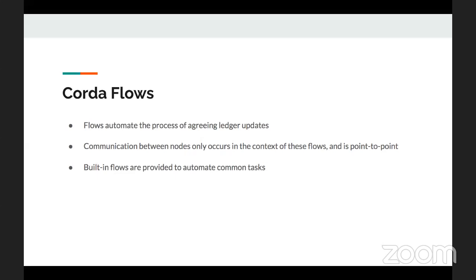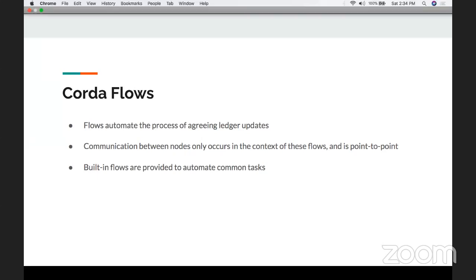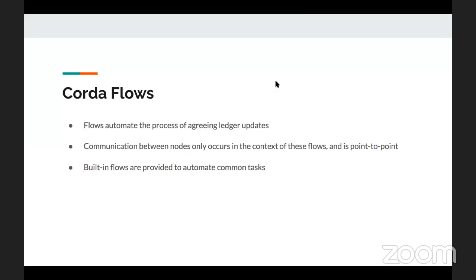We mentioned it uses something called AMQP. So essentially, there are built-in flows which are used for automating common tasks. It has built-in flows like system chaincode, so please don't mix it with the Hyperledger chaincode. There are built-in flows and developer-written flows in Corda.